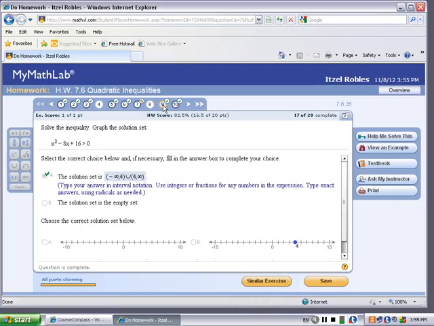Okay, so if I have a function that is negative 3x squared plus 12x minus, say, 9.